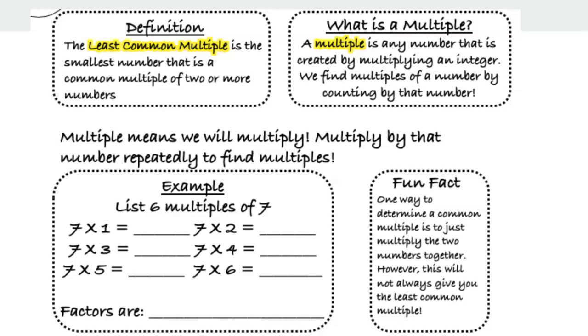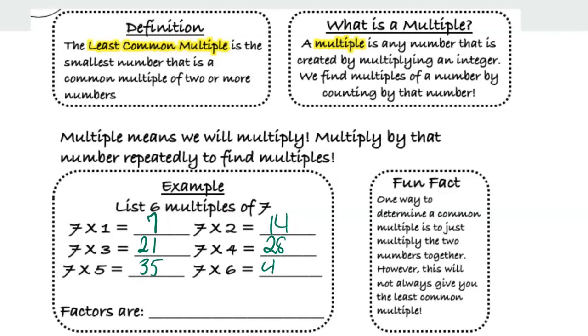So first thing, let's take a look at finding multiples. We want to list our first 6 multiples of 7. Basically we just multiply 7 by every number leading up to 6. So 7 times 1, 7. 7 times 2, 14. 7 times 3, 21. 7 times 4, 28. 7 times 5, 35.